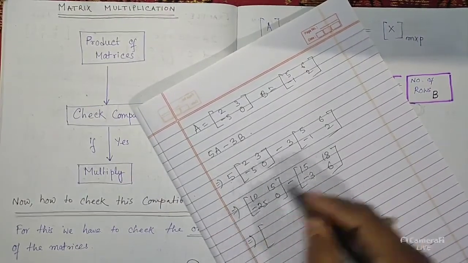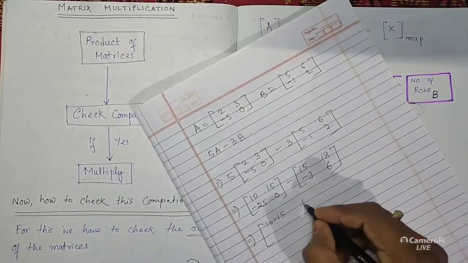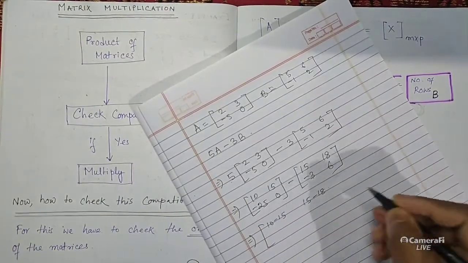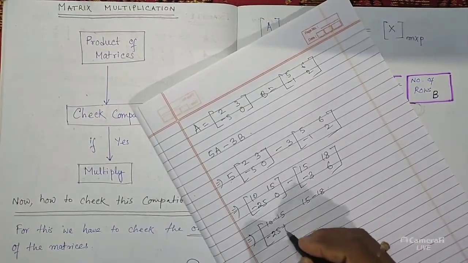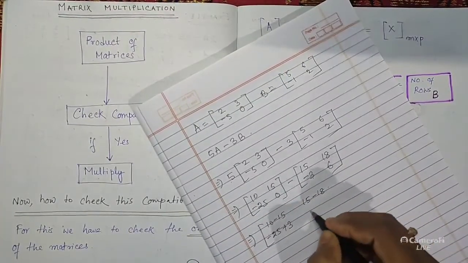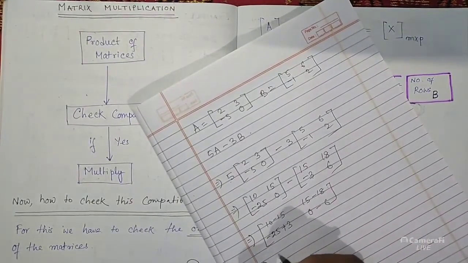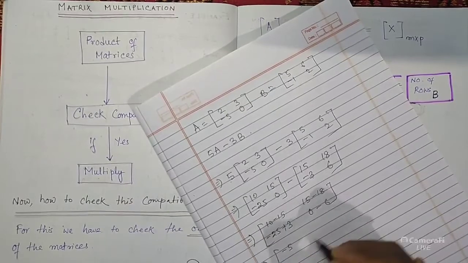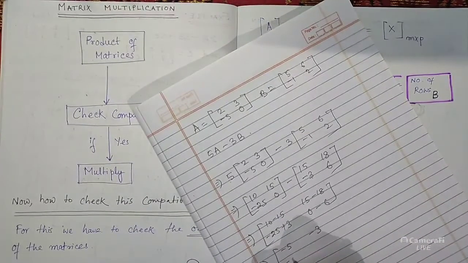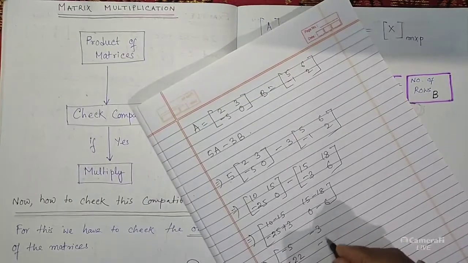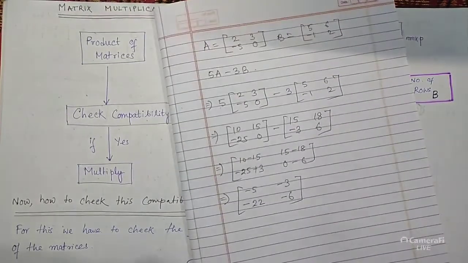That means corresponding elements: 10 minus 15, 15 minus 18, minus 25 minus minus 3 is plus 3, and 0 minus 6. So this equals minus 5, minus 3, minus 22, and minus 6. Like this we will solve the problem.